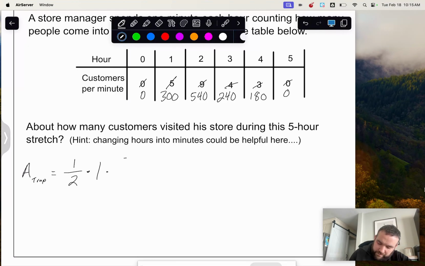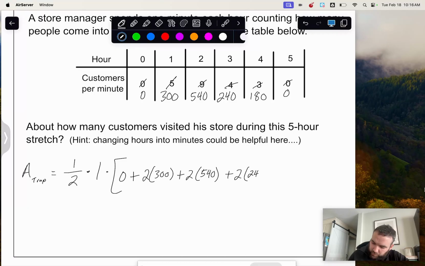And then we're going to multiply by, the first trapezoid would have a left-hand base of 0 plus a right-hand base of 300. And if you remember, the trapezoid rule basically says every interior output value is used twice, once for the trapezoid immediately preceding it, and then once for the trapezoid immediately following.